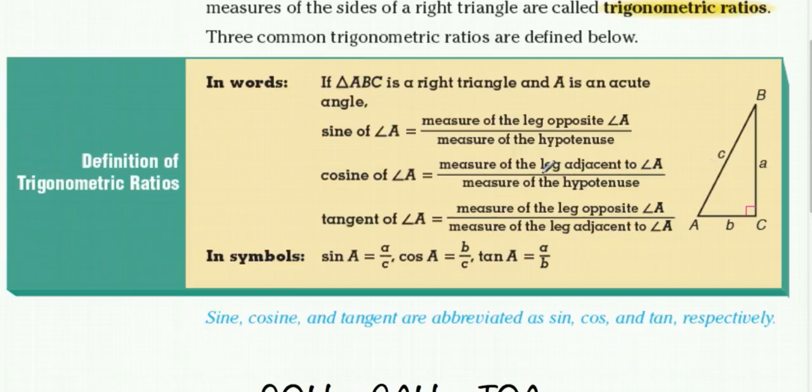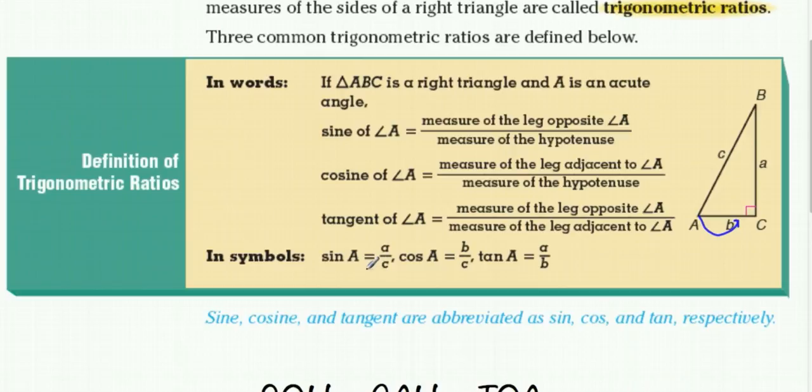Cosine of angle A is the measure of the leg adjacent to angle A over the measure of the hypotenuse. So if this is angle A, cosine of angle A would be the adjacent side, which is B, over the hypotenuse, which is C. And tangent of angle A will be the measure of the leg opposite angle A, that side, over the measure of the adjacent leg to angle A. So it's A over B. Okay.